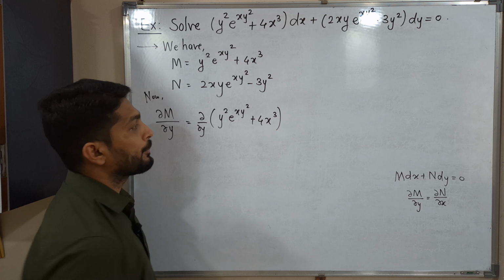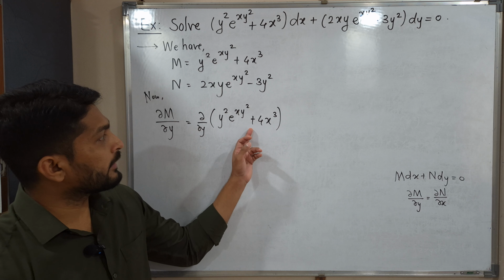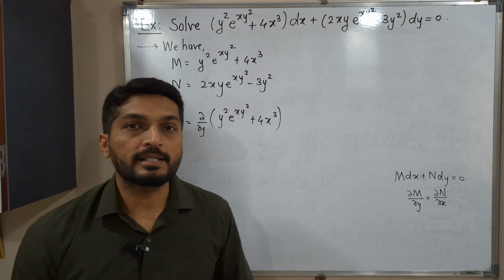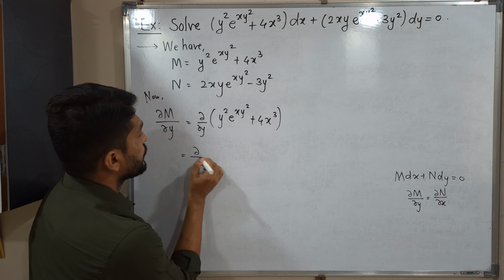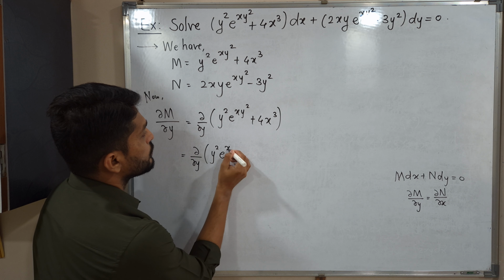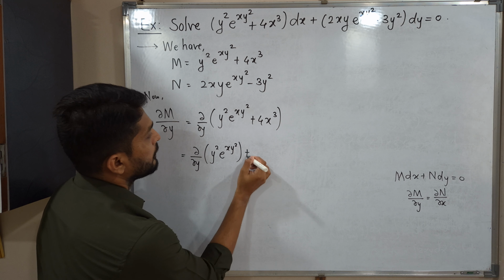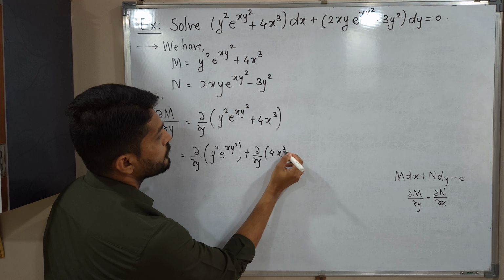It looks complicated, but don't worry, we will solve it. If we have addition, we take separate derivatives: the derivative of y square e raised to xy square plus the derivative of 4x cube.